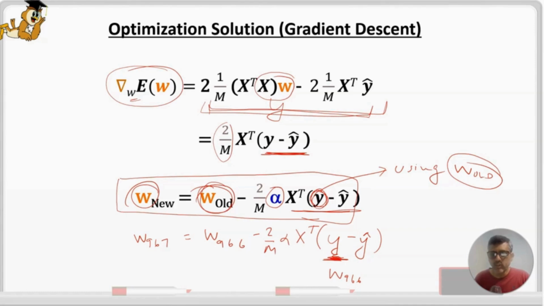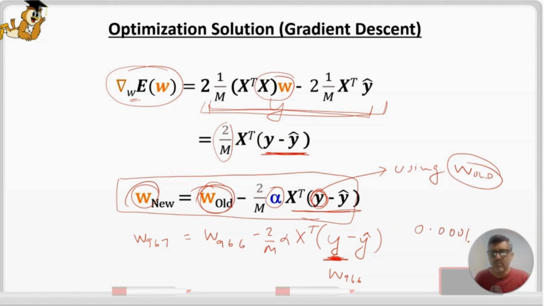And eventually, when do you stop? Like we said in an earlier lecture, you stop when your values of w don't change all that much. You have essentially converged at that point. Maybe the values change by a norm less than 0.0001, whatever.